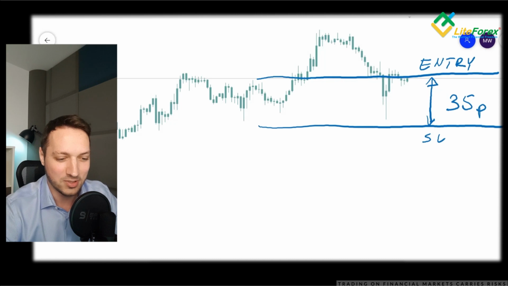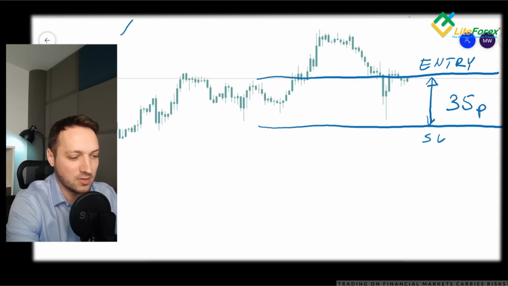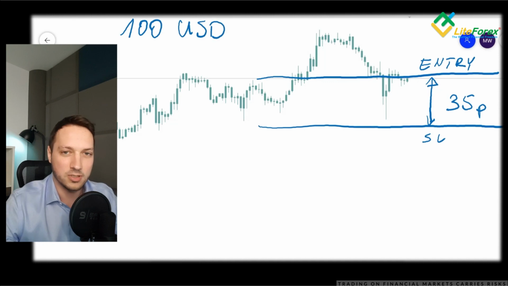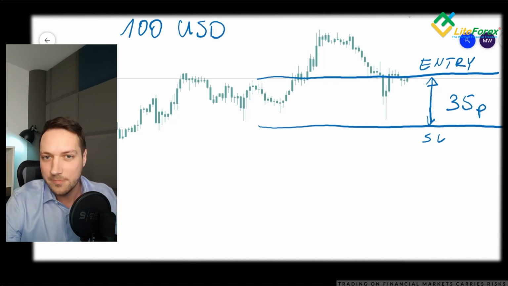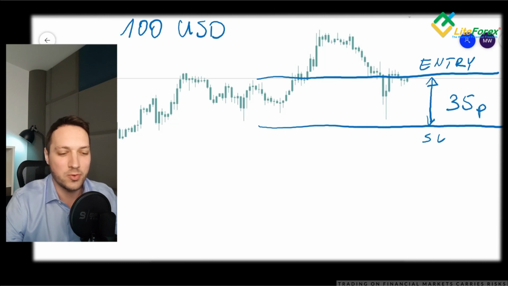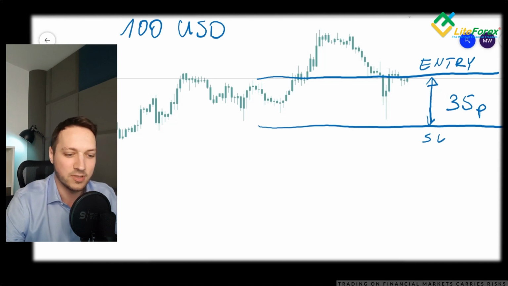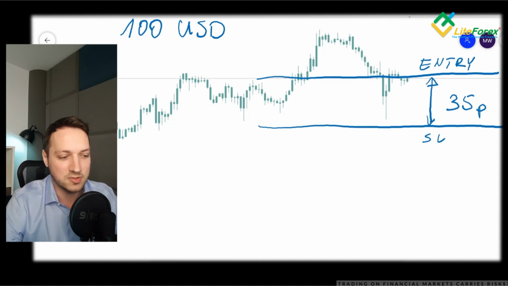Okay, so how do we calculate that? Let's assume we have $100 in our account, considering that we should risk at least 3 to 5% having such an amount in our account to keep the risk under control. 3 to 5% per trade, I think, is good. So in our situation, that would be $3.50.